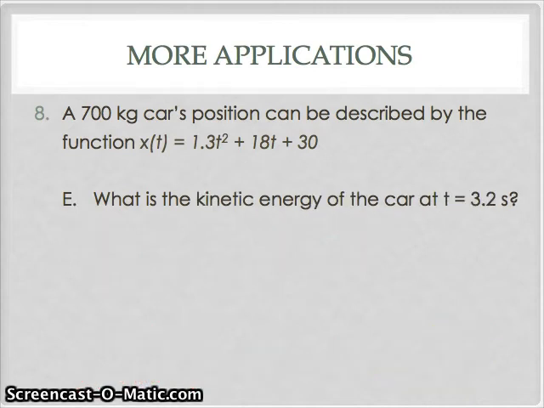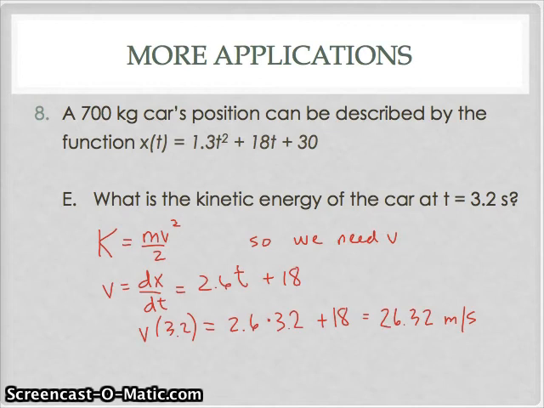All right, something else that would relate to these sorts of values, we might be asked to find the kinetic energy of an object. And again, of course, we'd have to recall that kinetic energy is 1/2 mv squared. So what we need is a value of speed or velocity in order to answer the question. So that involves just the first derivative of this function, the 2.6t plus 18.